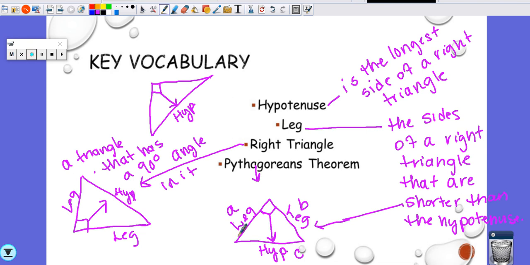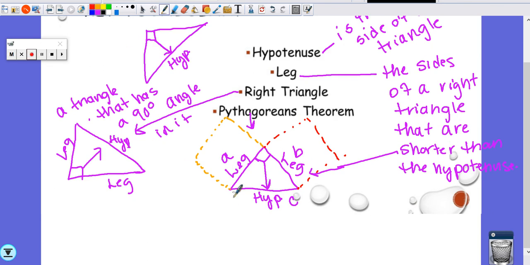What Pythagorean's theorem tells me is that if I extend a square out here, and a square out here, and a square out onto the hypotenuse, and I find the area of these squares: if this leg is A, then the square's side is A as well, so A times A is A squared.